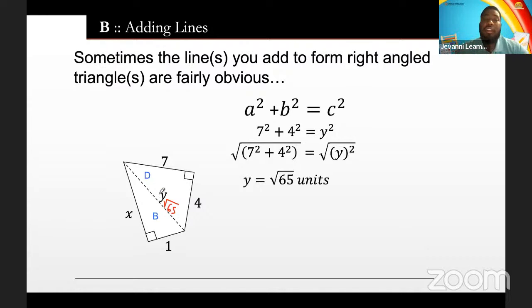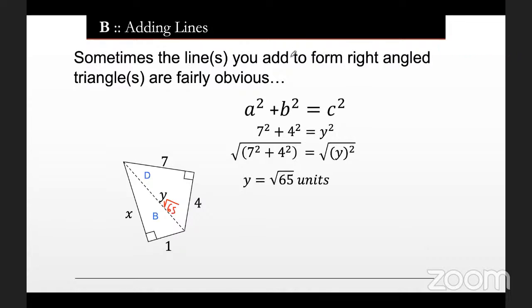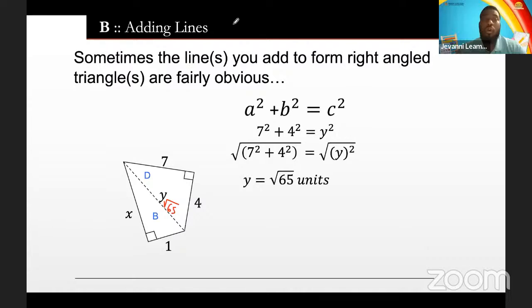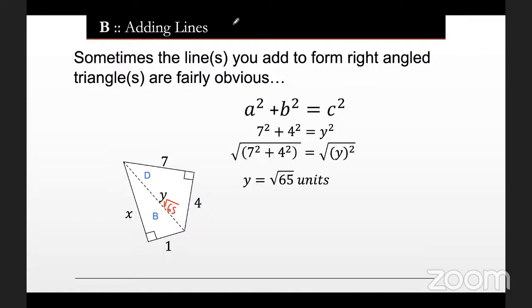So the next thing that we need to find, we solved one part of it already, which was y. Then we need to find the other unknown, which is x, right? So what's the procedure for this one now? How would I find x?